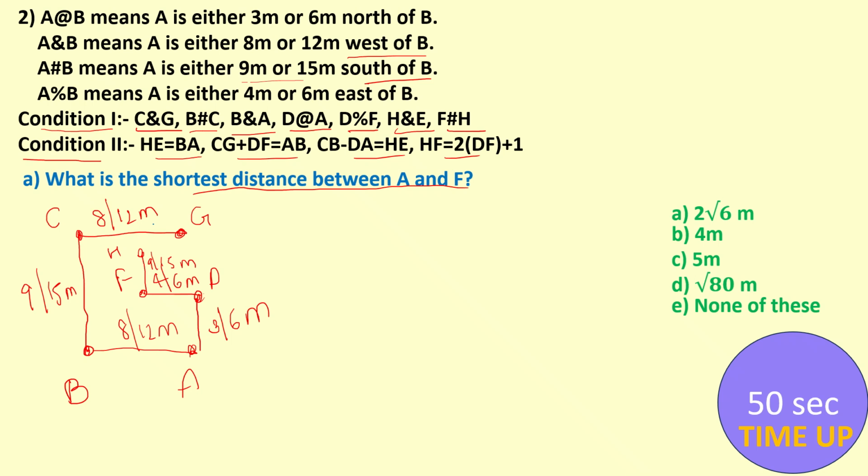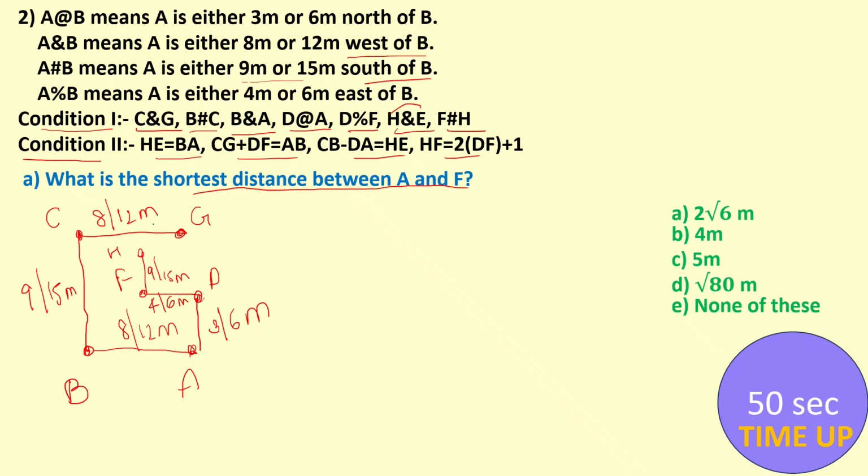So it is 9 or 15 meter. A little bit of confusion will be there if I write like this. So here it is 4 or 6 meter, and F to H will be 9 or 15 meter. We are not confirmed yet.